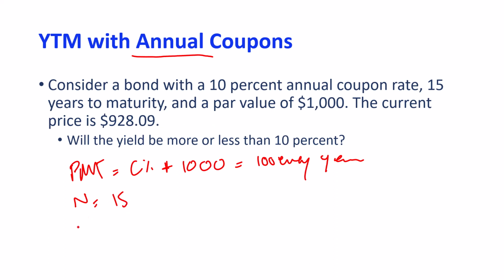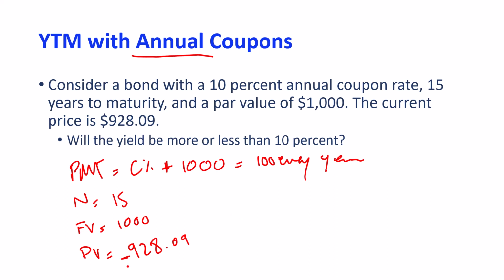So we have future value of 1,000. And the price today would be present value. That's going to be 928.09. But remember, when we are putting these numbers in the calculator or Excel, this one should be negative.